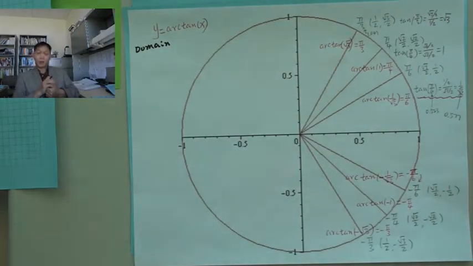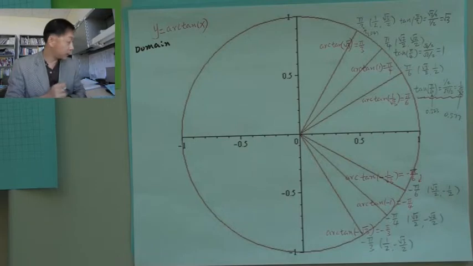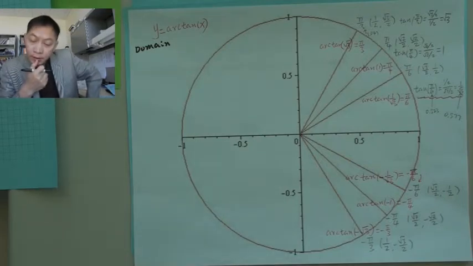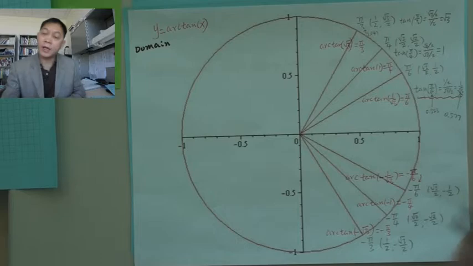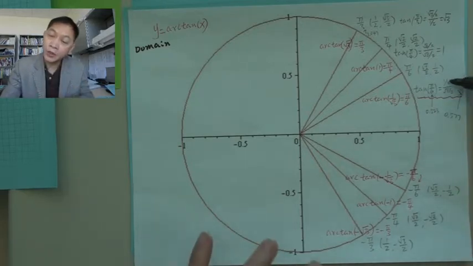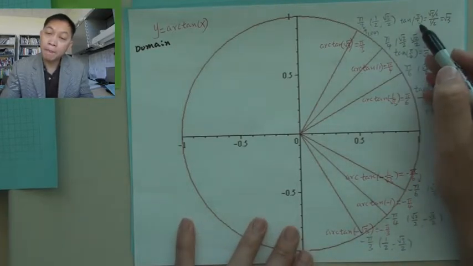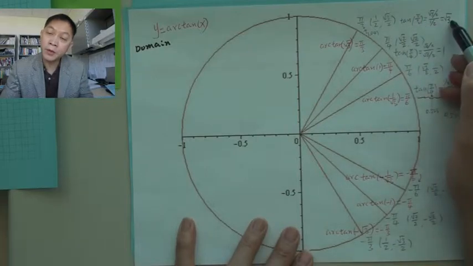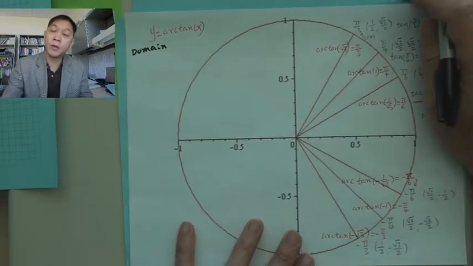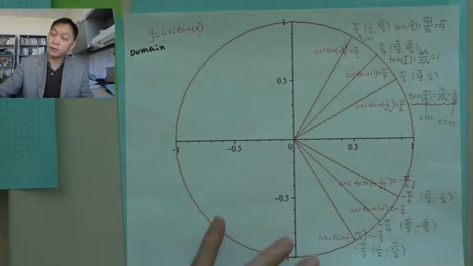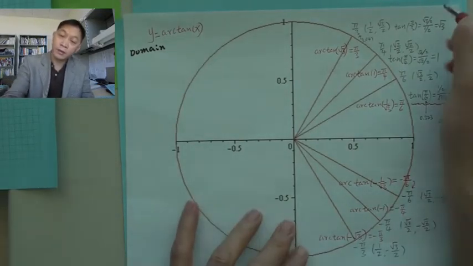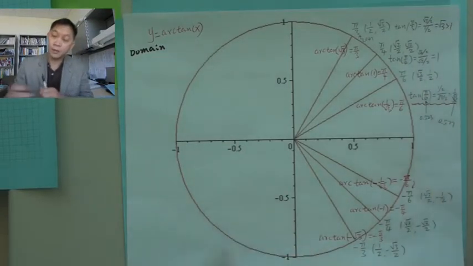Tangent x was actually a ratio. You see, 1/2 divided by radical 3 over 2 is 1 over radical 3. But you know, tangent of pi over 3 is radical 3. This radical 3 is already greater than 1.